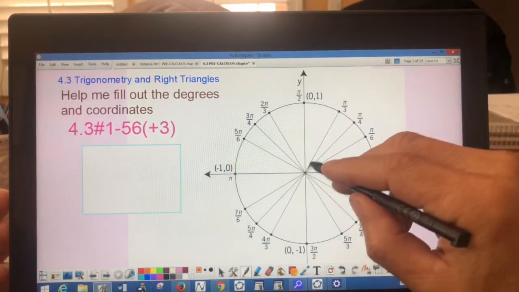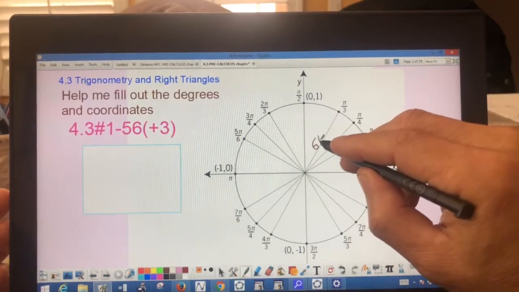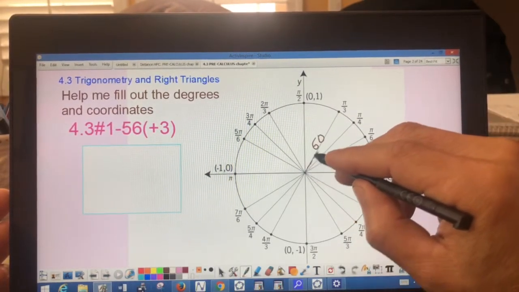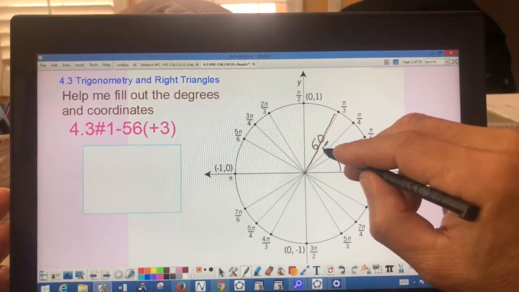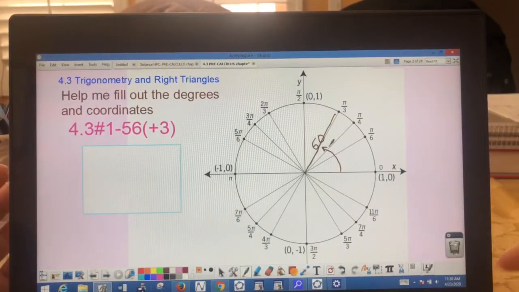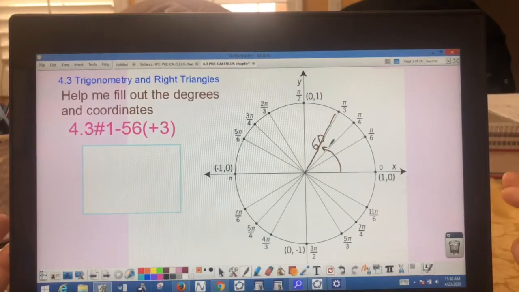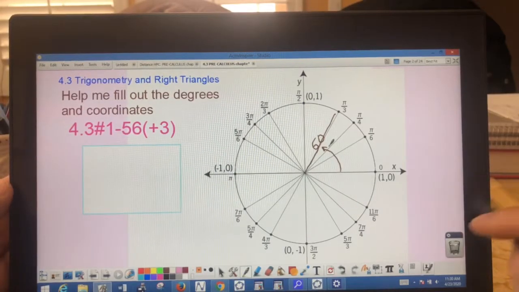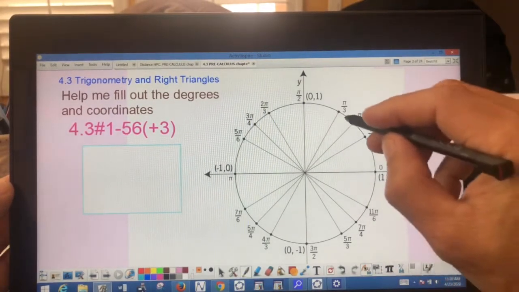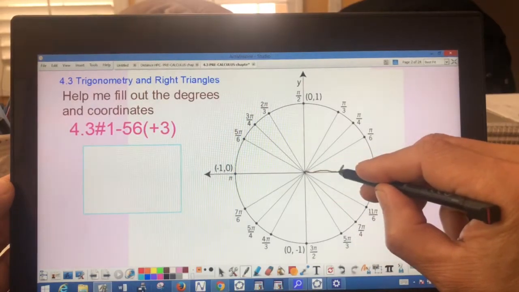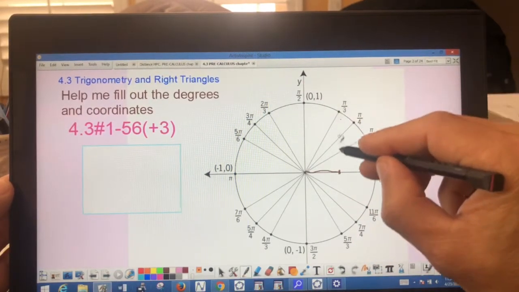And I'll talk about the other point right here, the 60-degree angle. So this line is a 60-degree angle because it opens up that way. It's the same thing as pi over 3 in radians. Now let's look at that angle. This line from here to here is lined up with the point up here.